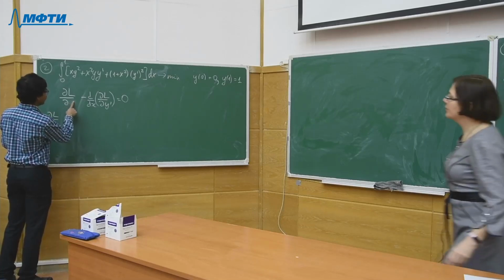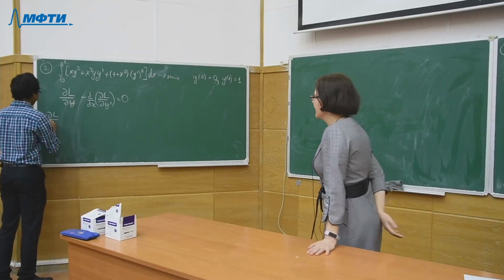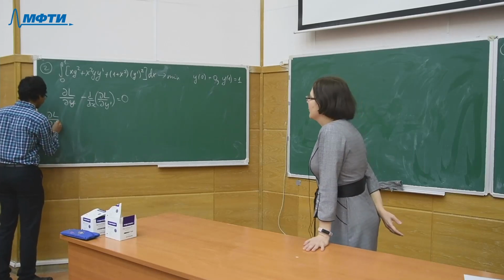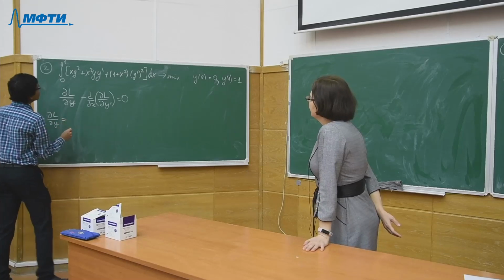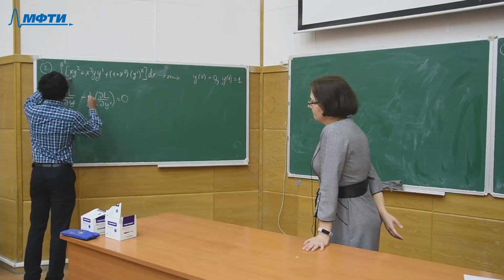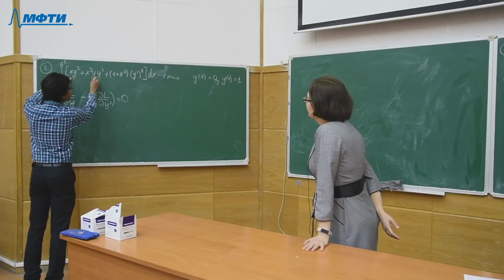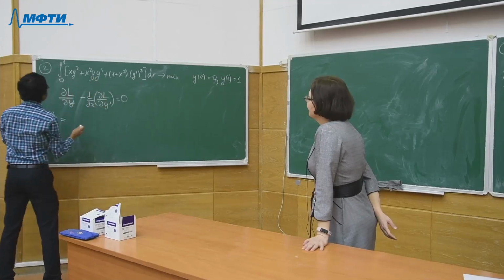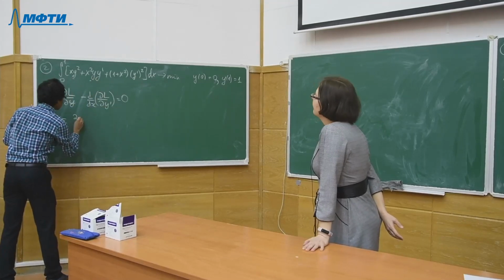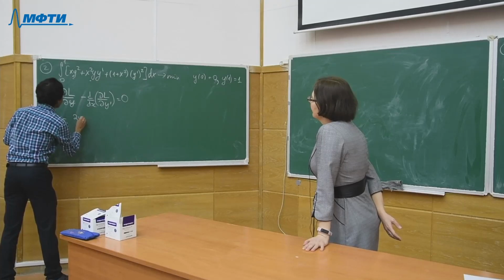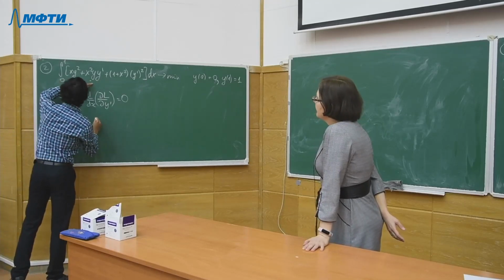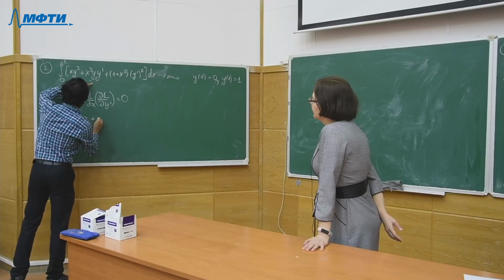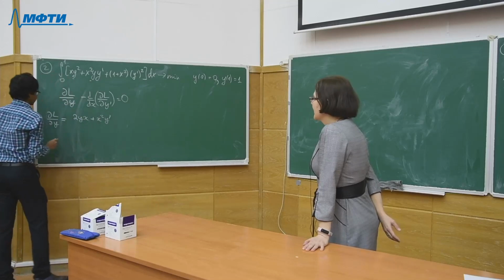So dL over dy first. We have y here and here, so this is 2y plus x squared y prime, correct.